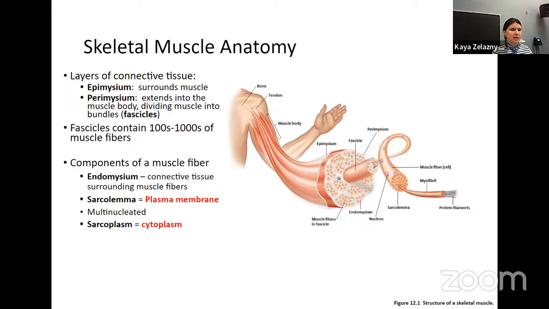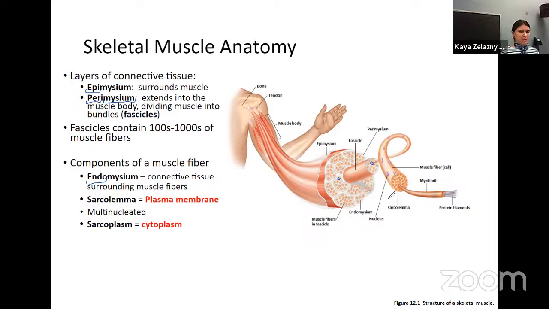When we look at the muscle fiber, we're again going to have another type of mysium. Now it's endomysium. Epi was surrounding the outside. Peri means next to, so it's extending between the fascicles. And endo means inside, so it's inside the fascicle surrounding the muscle fiber.